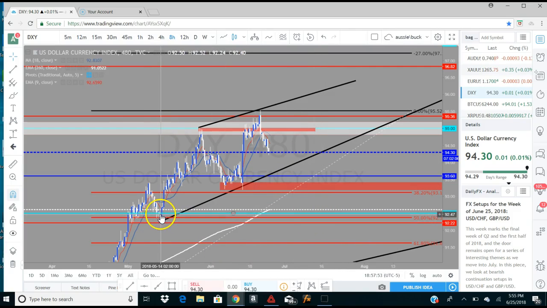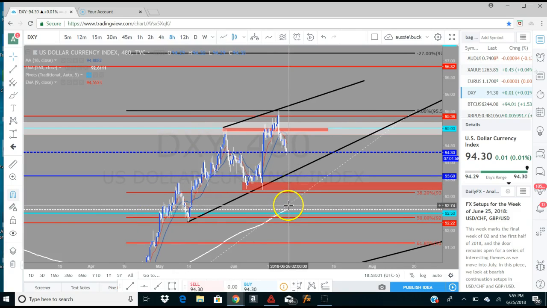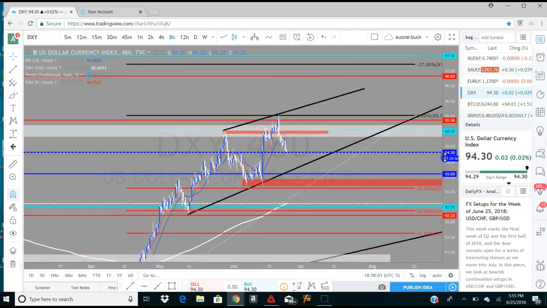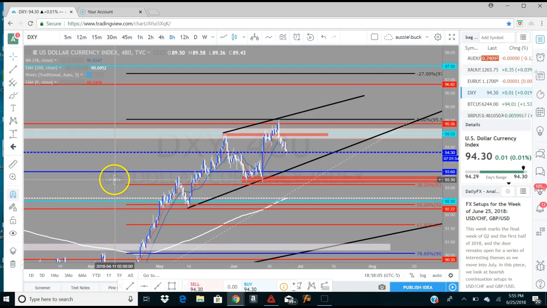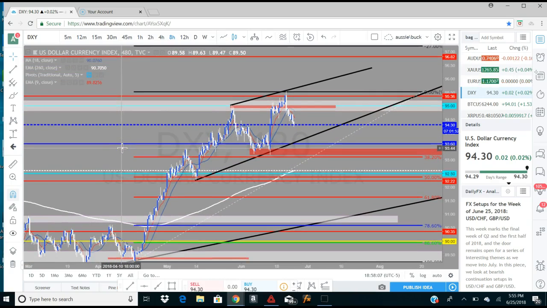I have structure right here as well. So structure here, structure here. So you got a TP in this area and a TP in this area if you choose to take profit on the sell. But personally, I'm going to keep some on the table because I have a feeling it might keep on continuing down some more, especially if this trade war continues.